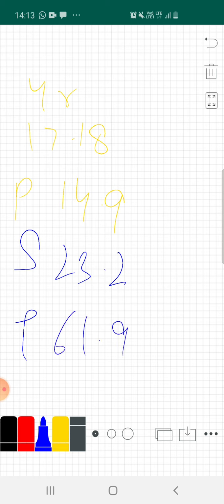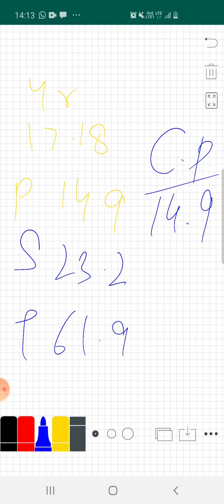The next step will be to find the cumulative percentage, means cumulative frequencies only. First will remain the same, 14.9. Second, do the total, 14.9 plus 23.2, what will come, 38.1. Then 38.1 plus 61.9 will be equal to 100.